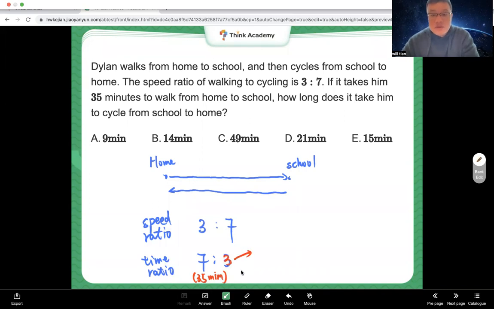That'll be the answer. How long does it take him to cycle from school to home? You're going to do 35 minutes divided by 7 parts, and the time that he spent from school going back home will be 3 parts. So you divide by 7 times by 3. That'll be 5 times by 3, got 15 minutes. All right? So we choose E here.